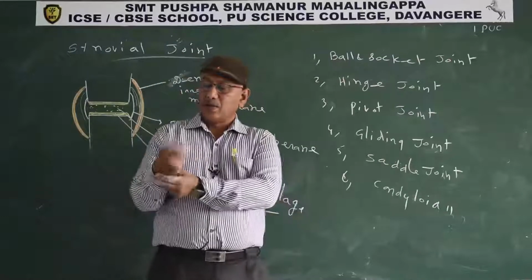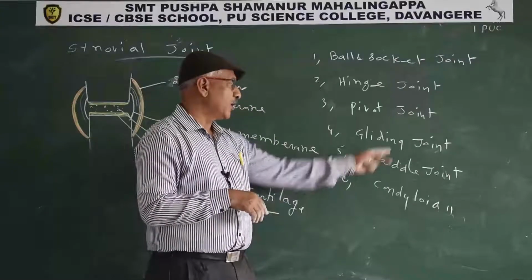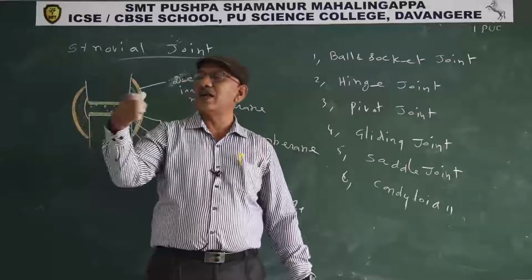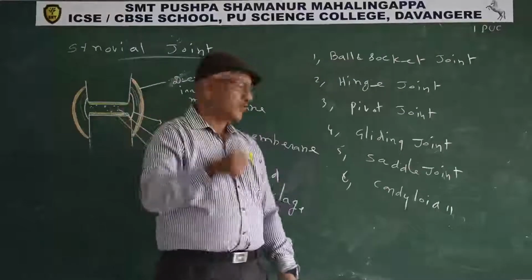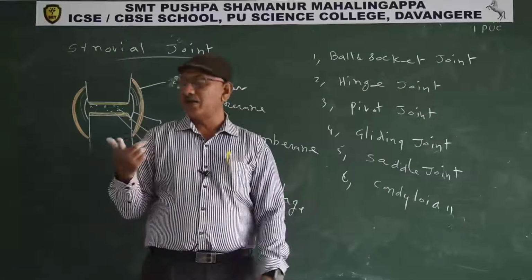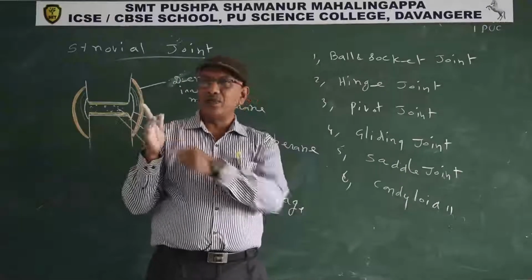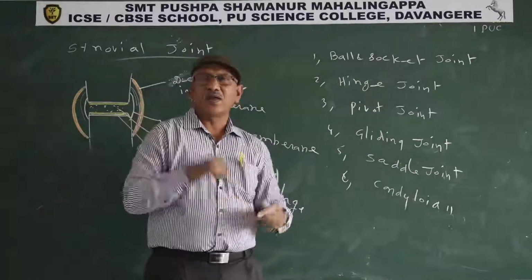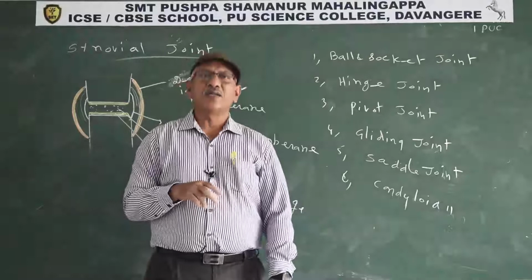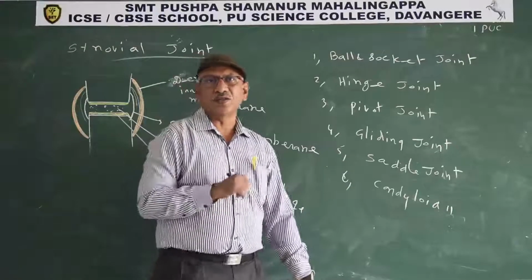Gliding joint: between the carpals and tarsals, the ankle bones. Saddle joint: between the carpal and metacarpal of the thumb. Condyloid joint: between the metacarpals and carpals.